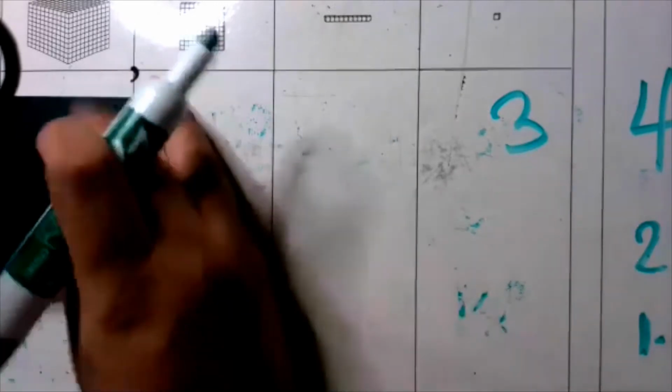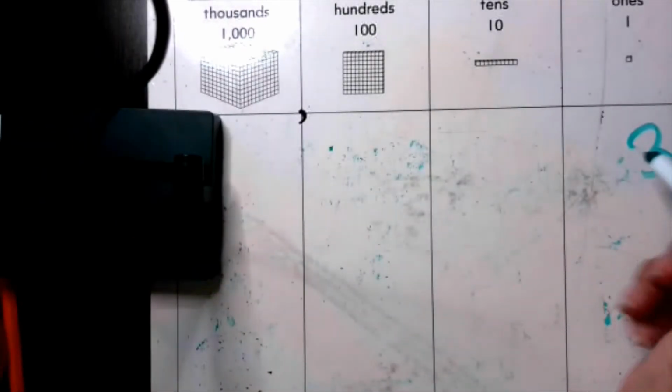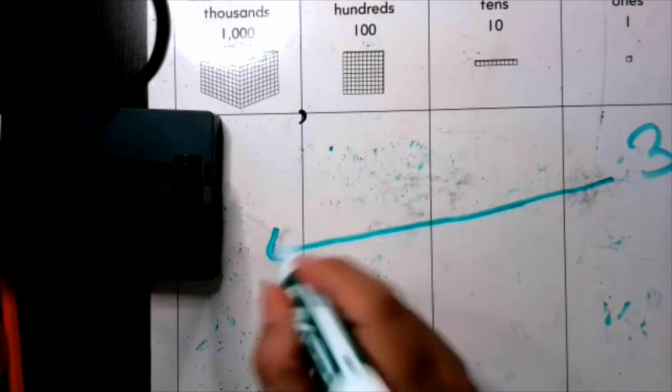So we have 3.4, and then we're going to shift it over 3 times because we're multiplying it by 1,000. All right, so my 3 has shifted over 3 times, 1, 2, 3. So now it is 3,000.